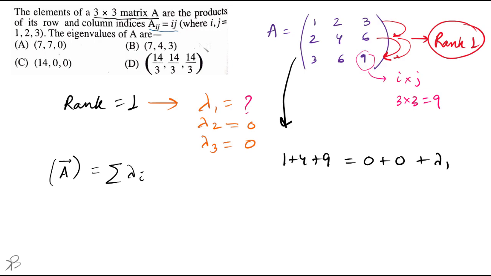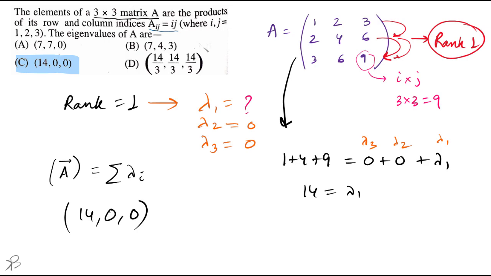So this is lambda 3, lambda 2, and this is lambda 1. Okay, and if we simplify a bit, this is 14 equal to lambda 1. So the answer is the eigenvalues are 14, 0, 0. So this is the correct option.